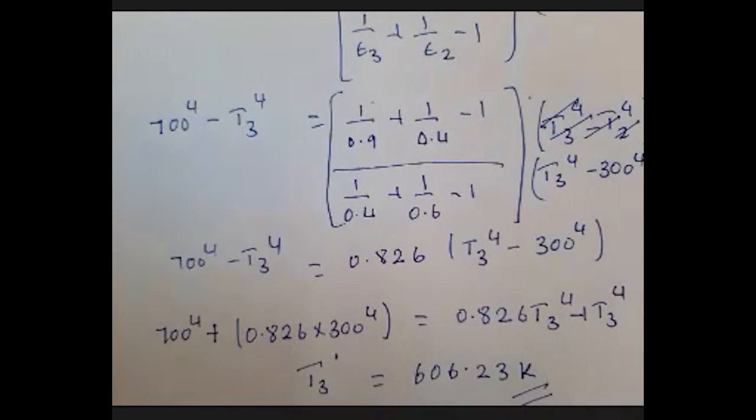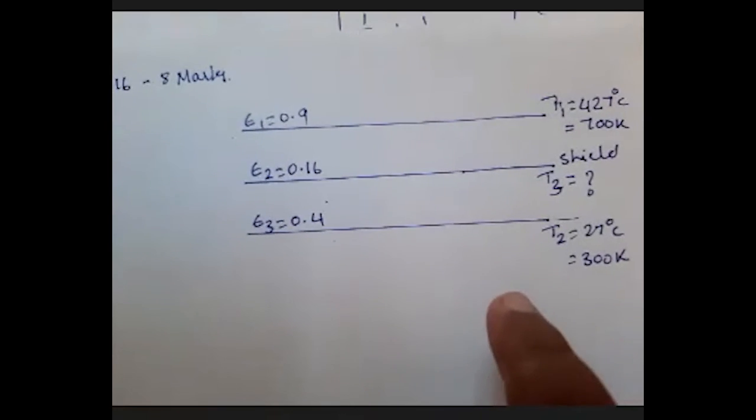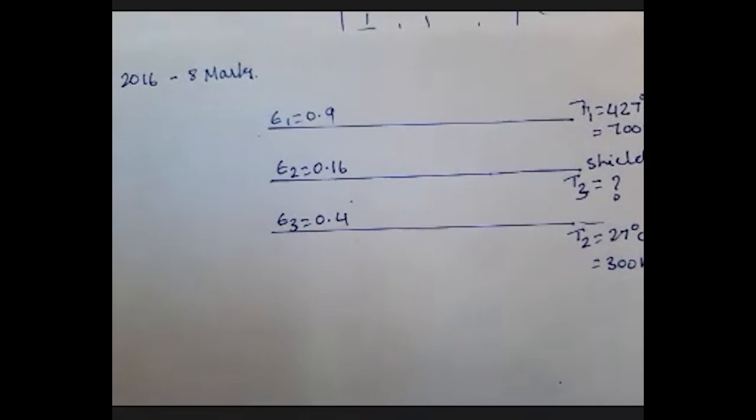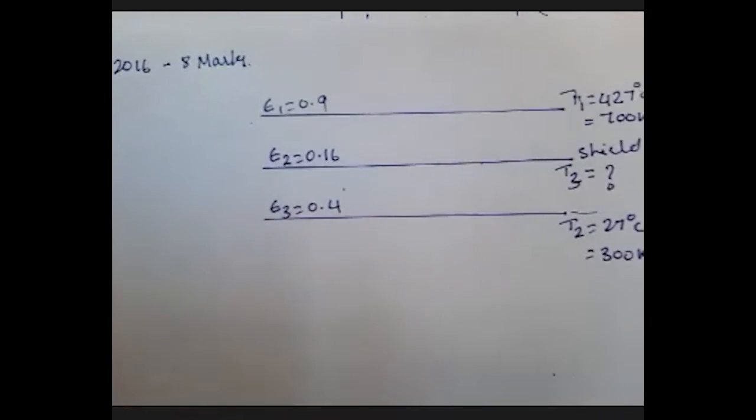Sometimes they ask us to find out the temperature of the shield, wherein we can find out the temperature of the shield using these equations. And it is nothing but the same thing we have done in the previous classes. Along with that, we have one more problem which was taken up in June 2016 for 8 marks.